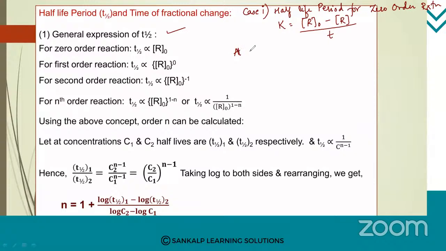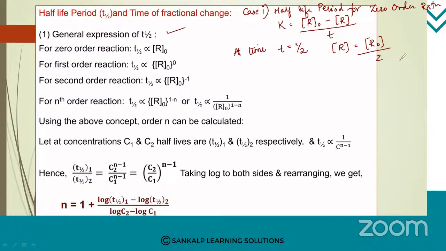So at time t, if t is t half, if we cut down the time to half, what will happen to the concentration? The concentration will be [R]₀ by 2.